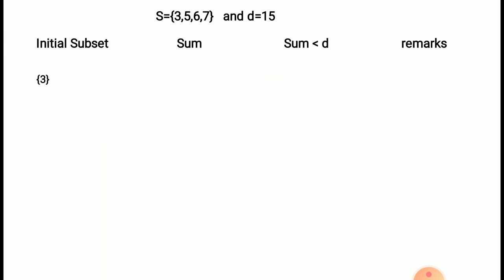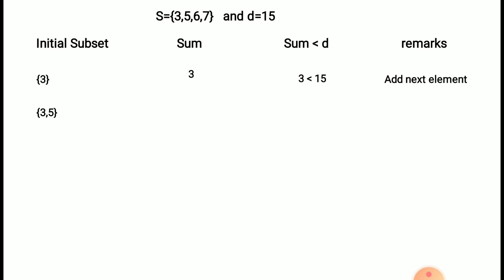Initially the first value we'll take is 3. Then sum is equal to 3 only, and then we'll check whether 3 is less than 15 or not. Now this is less than 15, so in the remarks we write that let us take the next element.